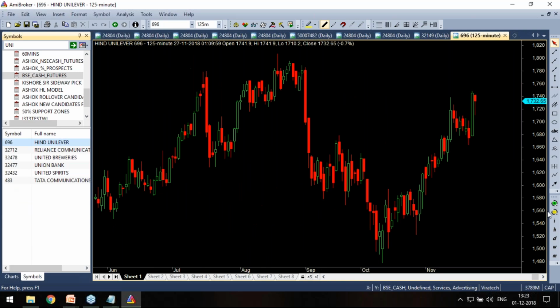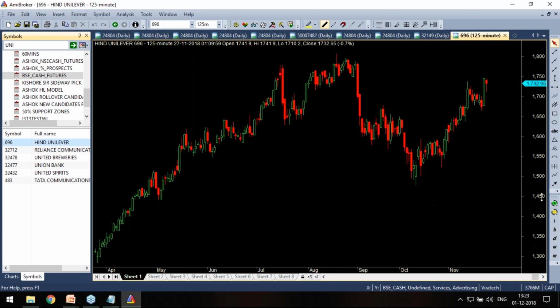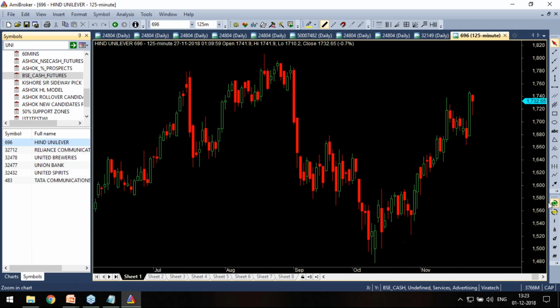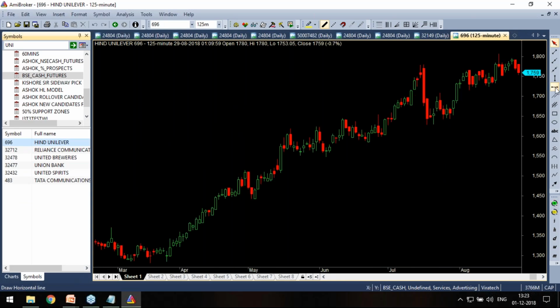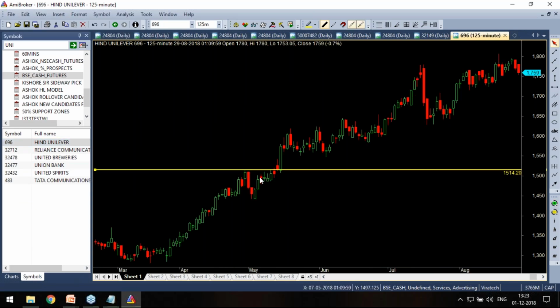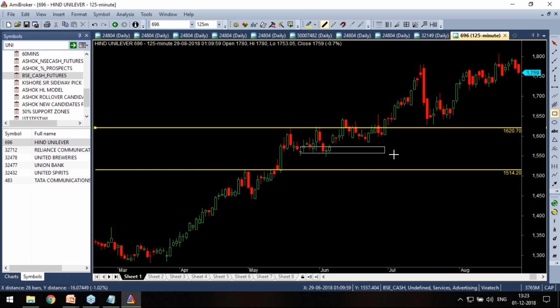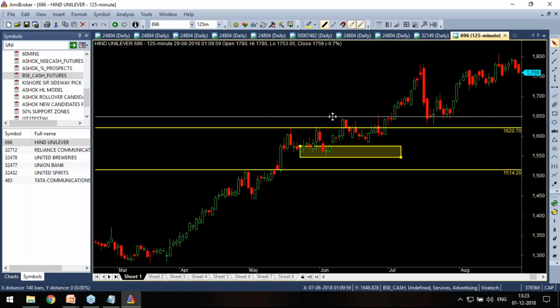Tell me, Girish, what's the issue with HCL? It would have made a series of highs: formed a high, broken, formed a high here. The next high was formed, price came back, formed a base. This is the base, and this is where it broke.